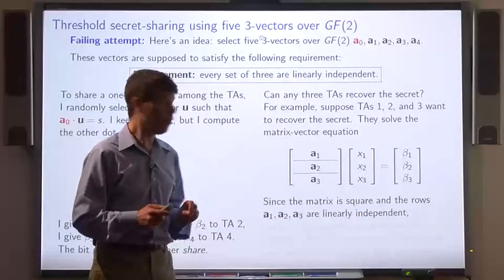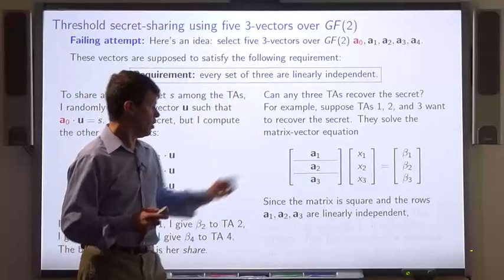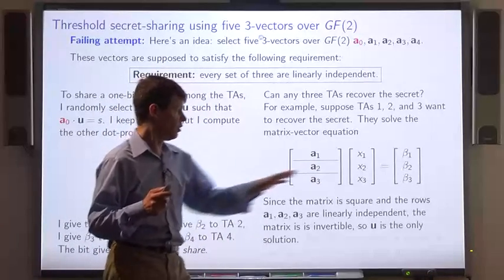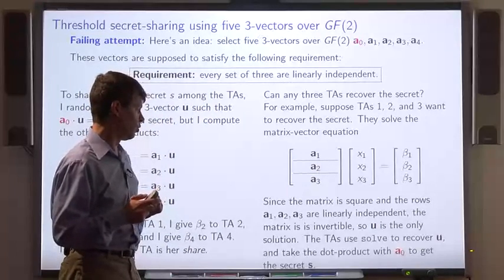Now, this matrix is square, and the rows are linearly independent by the requirement. So the matrix is invertible. So there's only one solution to this matrix vector equation, and it must be, therefore, this vector U, which we know is a solution.